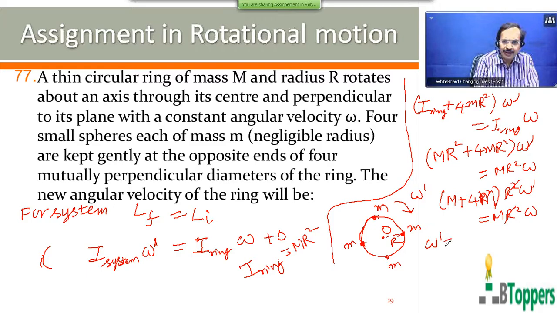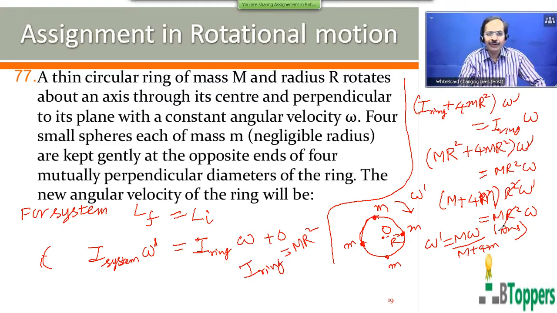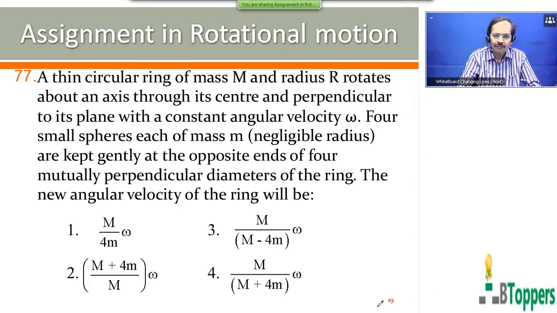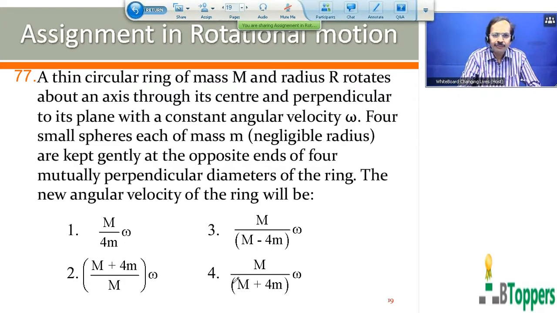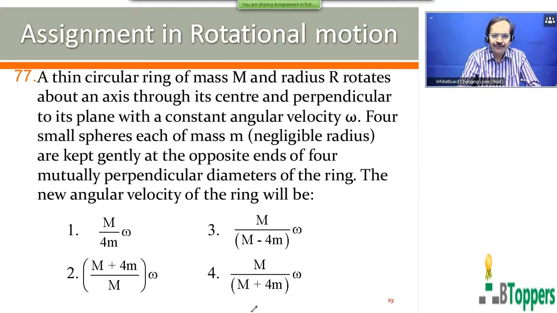So you get omega dash equal to capital M omega, that is, capital M into omega by capital M plus 4 into small m. So if you want to copy the solution of this problem, you can take a pause and copy it. For question number 77, the fourth option will be the answer.